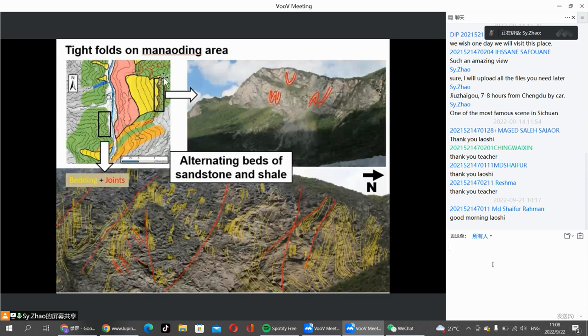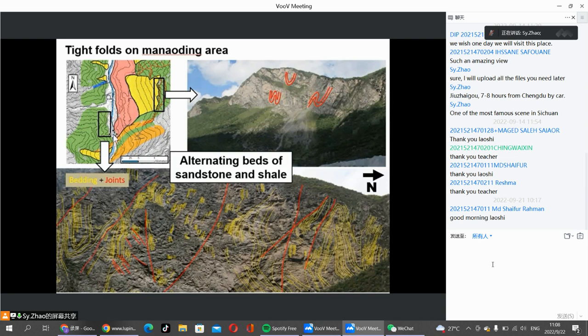In this landslide, the major rock type is alternating beds of sandstone and shale, shown in green in this figure. The red color indicates the landslide deposit, and the yellow represents the talus, which is deposition from rockfall from the cliff.